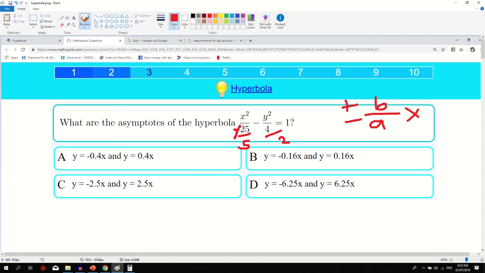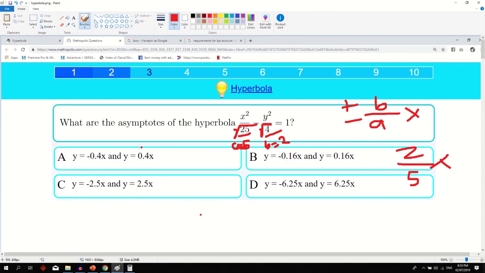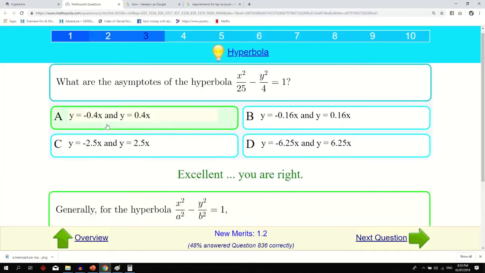We just square root that to get the a and to get the b. So it should be 2 over 5 x. What is 2 divided by 5? It is equal to 0.4. So A should be the answer.